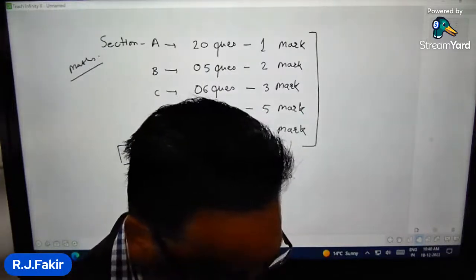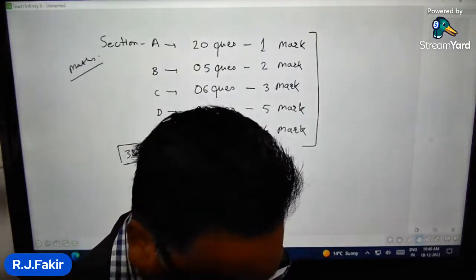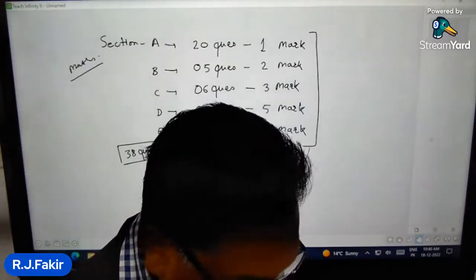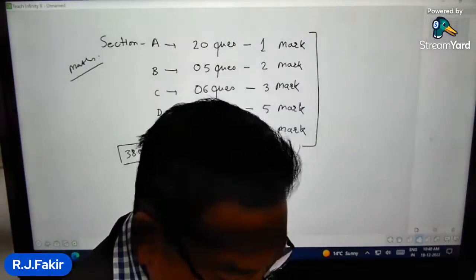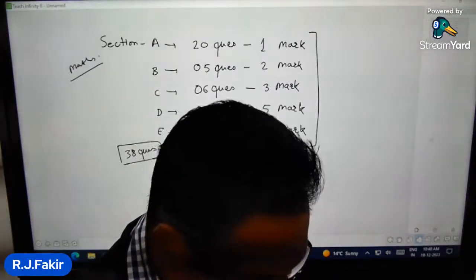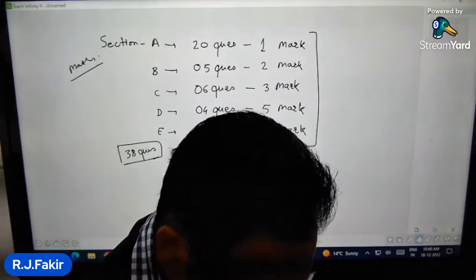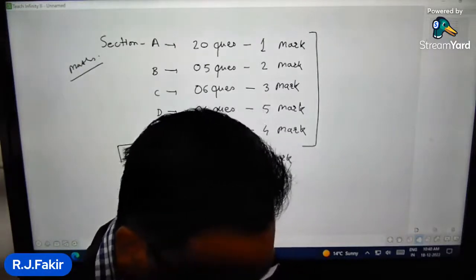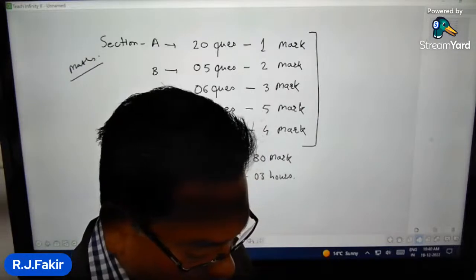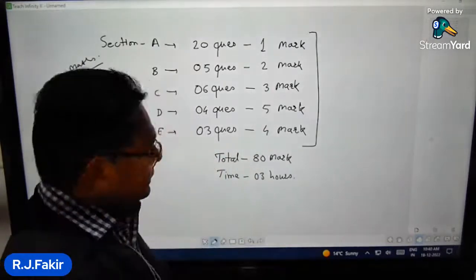Now coming back to section B, it will have the 2-mark questions.